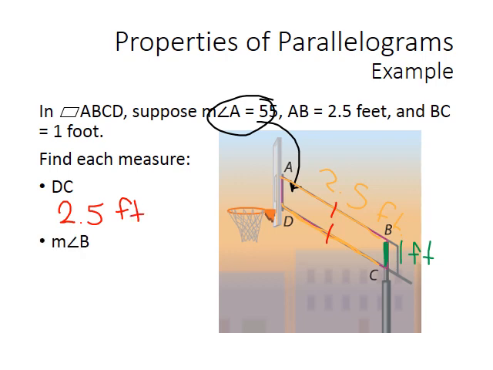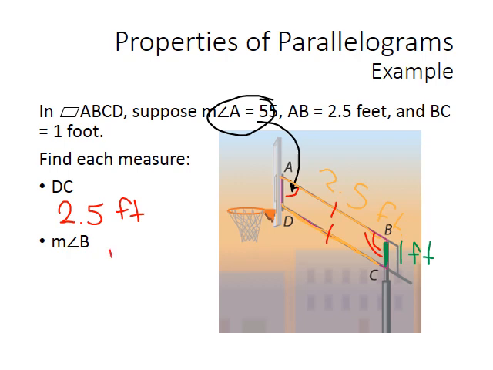What else do we want to find? Angle B. So far we know angle A was 55 degrees. Angle B is not opposite angle A, it's consecutive to angle A, so it's supplementary.